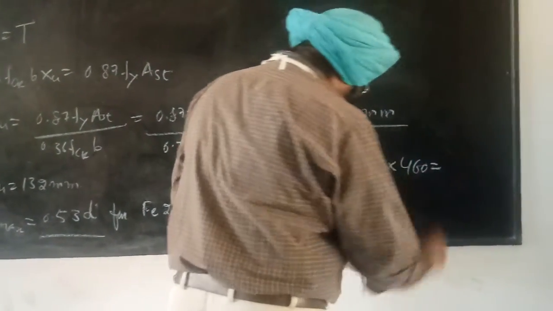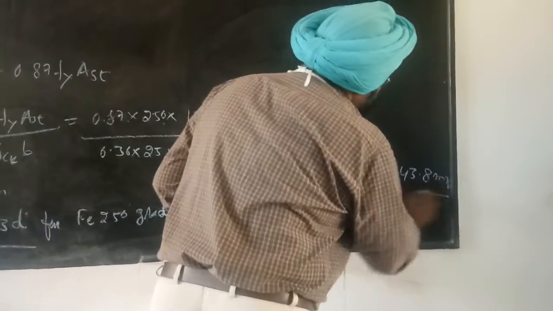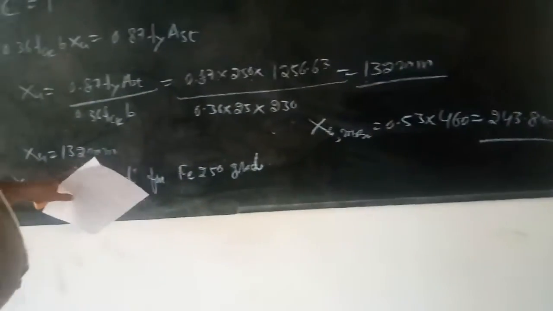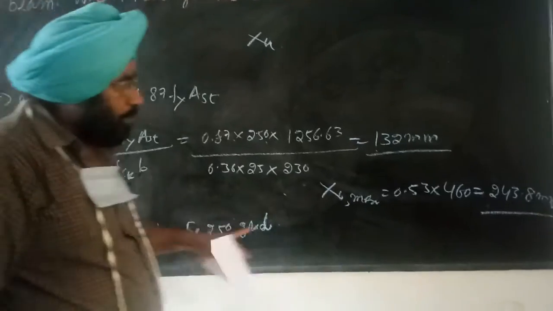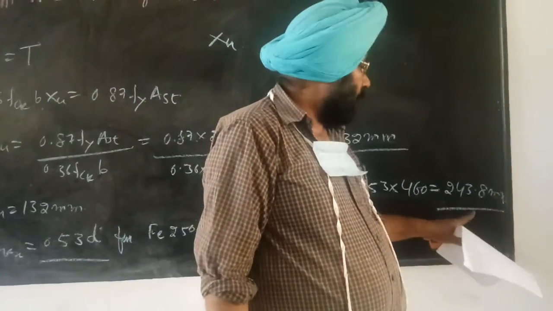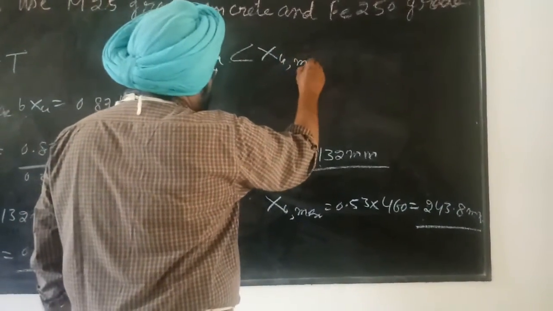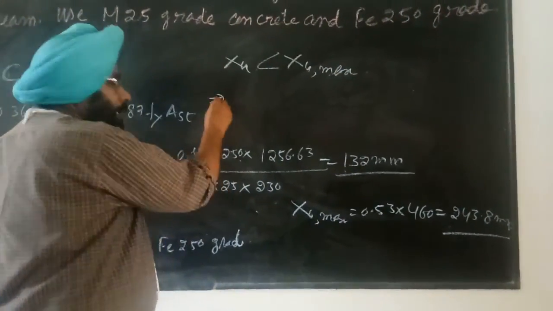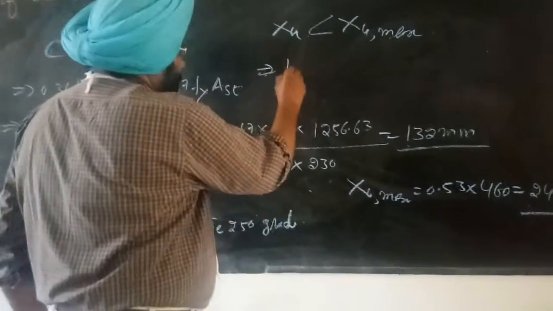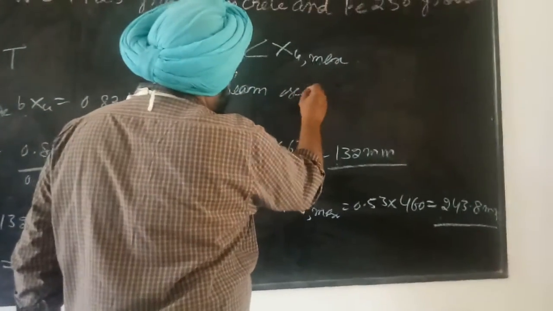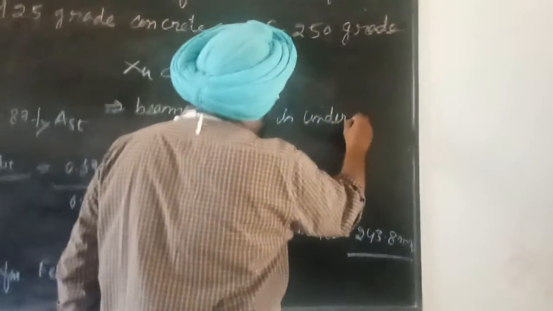So the maximum depth of the neutral axis is 243.8 millimeter. Now the value of xu is 132 millimeter and xu max, the maximum depth of the neutral axis, is 243.8. So xu is less than xu max. It means the beam section is under reinforced.